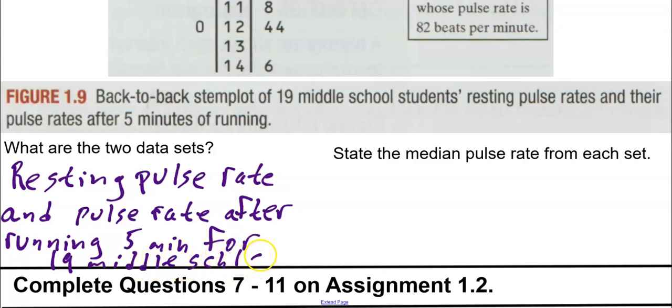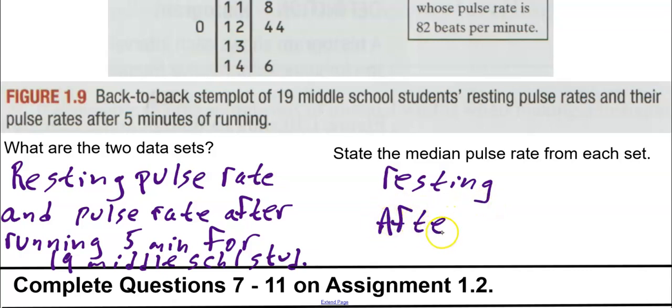I'm going to abbreviate here. State the median pulse rate from each set. So in resting, I am going to have one, and then I am going to have one after exercise.